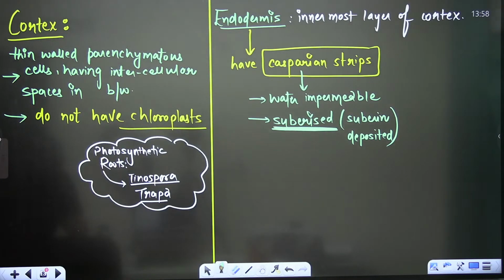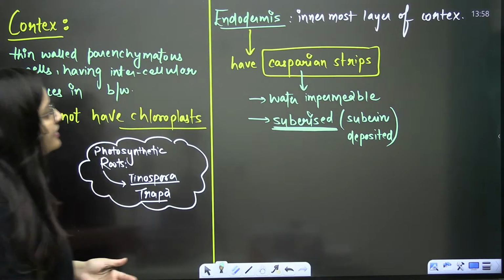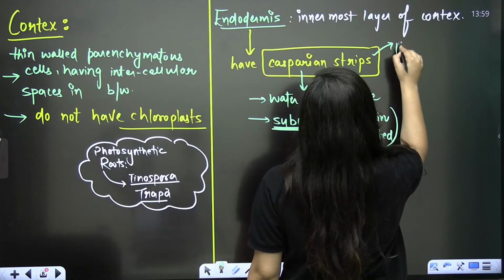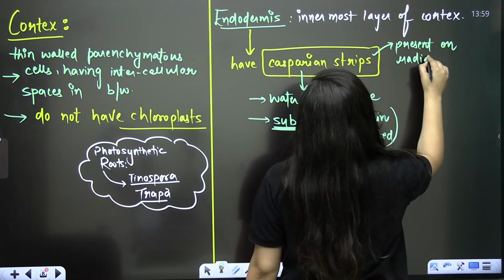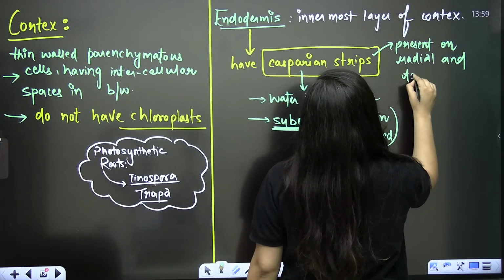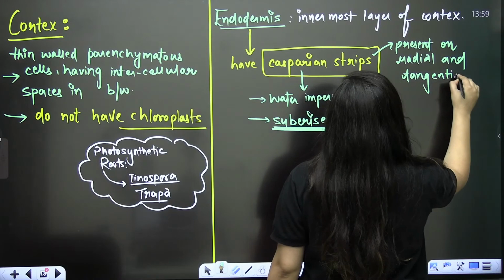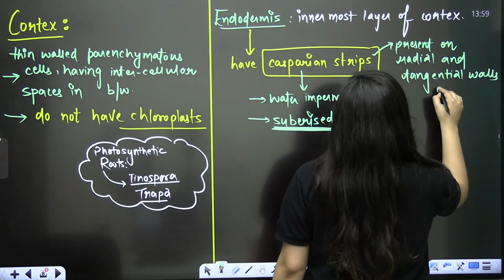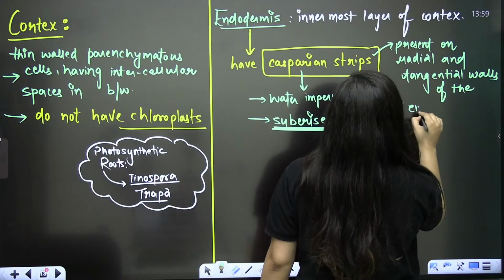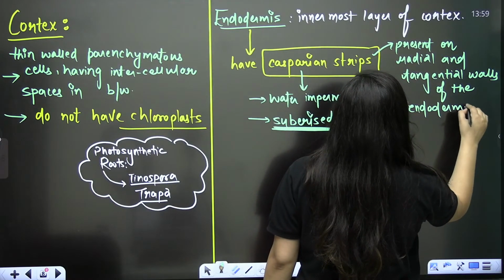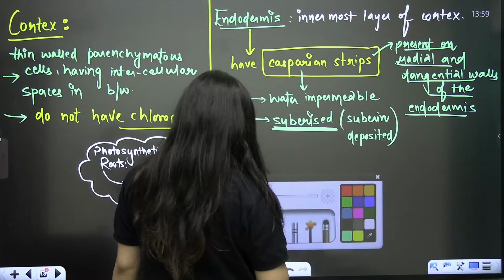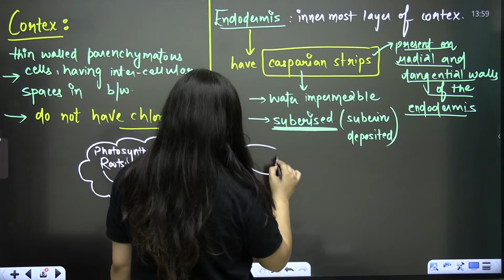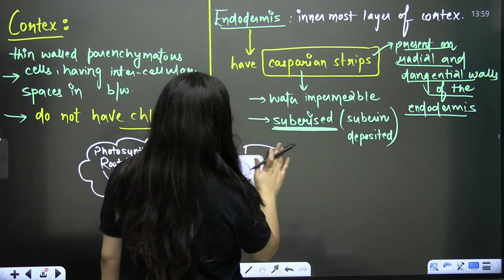And where are these strips present? On the radial and the tangential walls of the endodermis. Let me try.